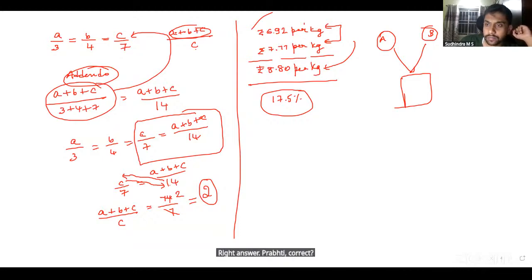Prapti, correct. Good. Tanushri RNS, correct. You can further simplify that. Samanvita, very good. Right answer. Jeevan Reddy, correct. Faiza, correct. Good. Yes, Navami, correct.